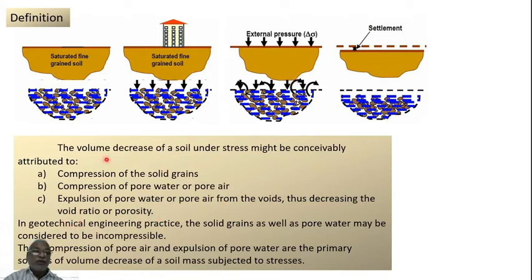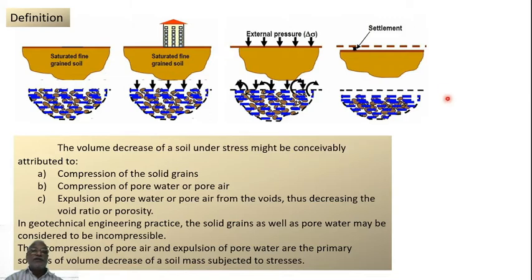But what happens is, the first two are not the reason, because compression of the solid particles is negligible. Compression of pore water is also negligible. And then air, it may be compressed, but we are considering saturated soil. There is no point in talking about air. Air is not involved.